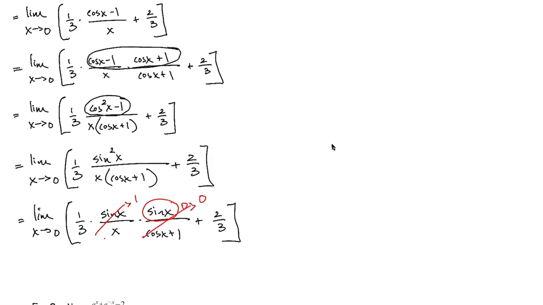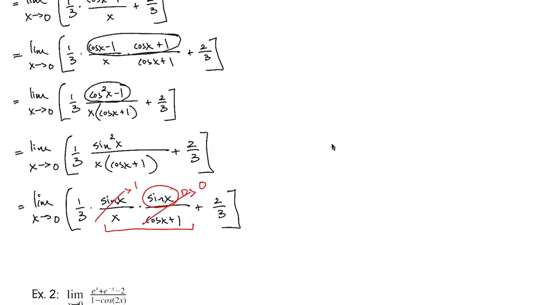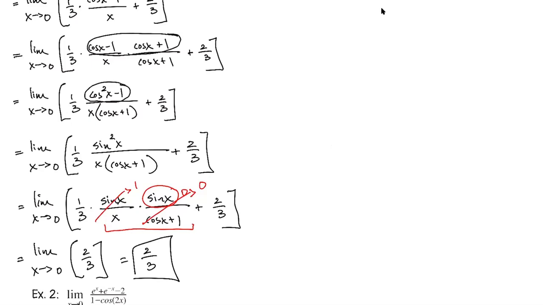Now what I really have then is 1 times 0, which is 0, times 1/3, which is 0. So I really end up with the limit as x approaches 0 of 2/3. And that means that everywhere I see an x, I plug in 0, but there's no x, so it's just going to be 2/3.